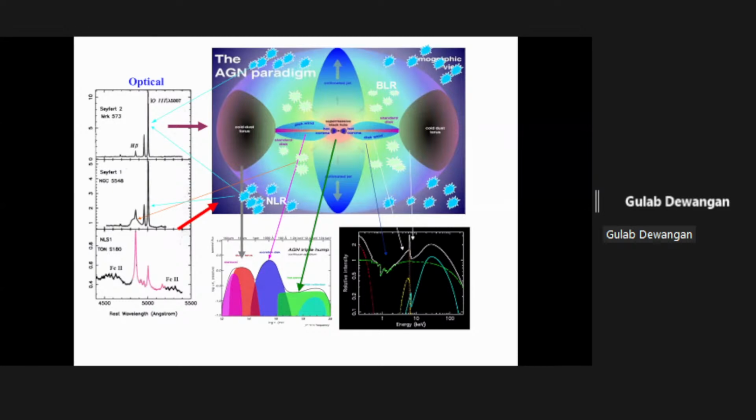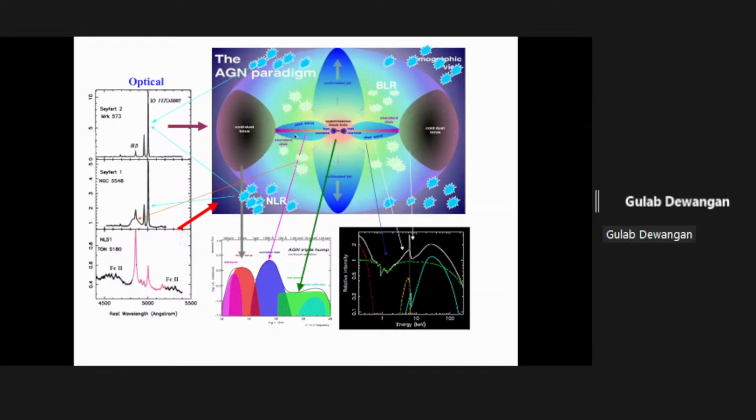The AGN central engine essentially consists of a supermassive black hole at the center of an active galaxy, and this supermassive black hole may be spinning highly, or it may not be spinning. In many cases now we have observations that supermassive black holes are actually spinning quite highly. This supermassive black hole is accreting material from the host galaxy, and the material being accreted cannot directly fall onto the black hole because of conservation of angular momentum.